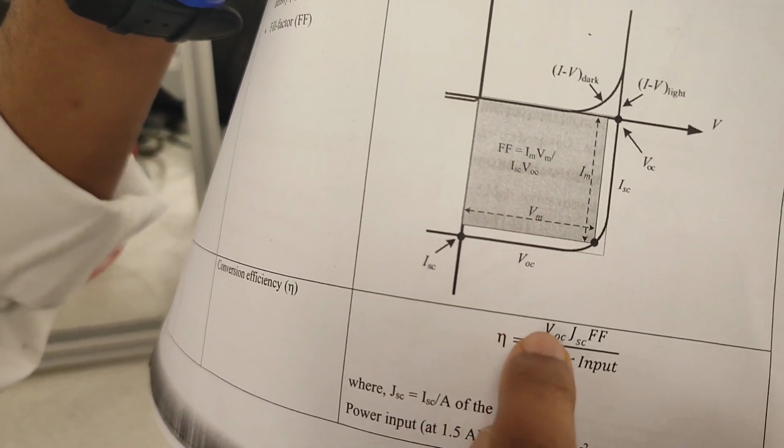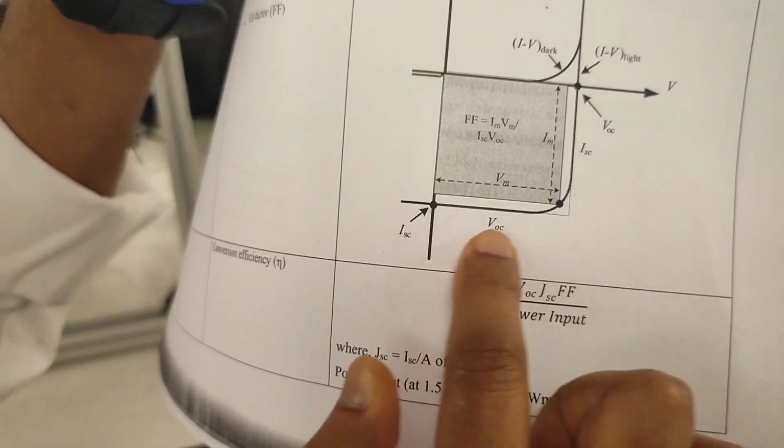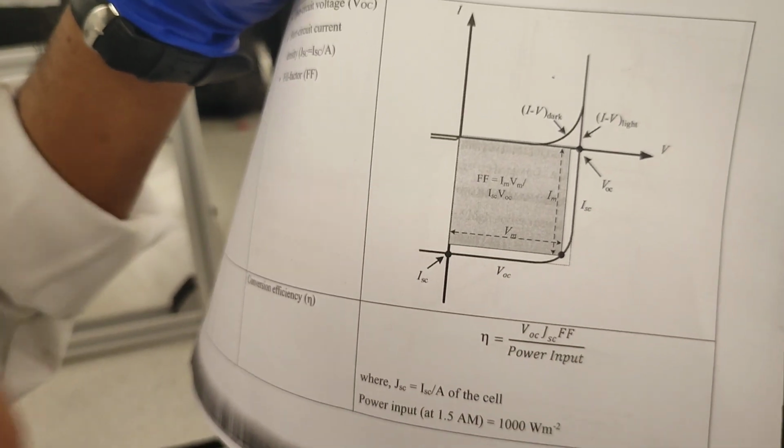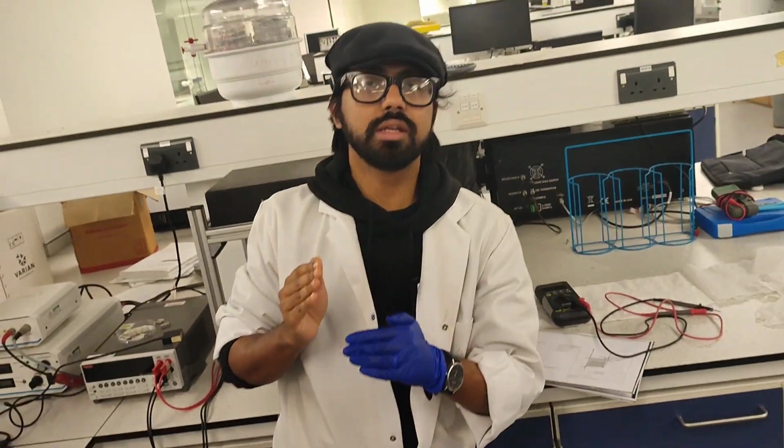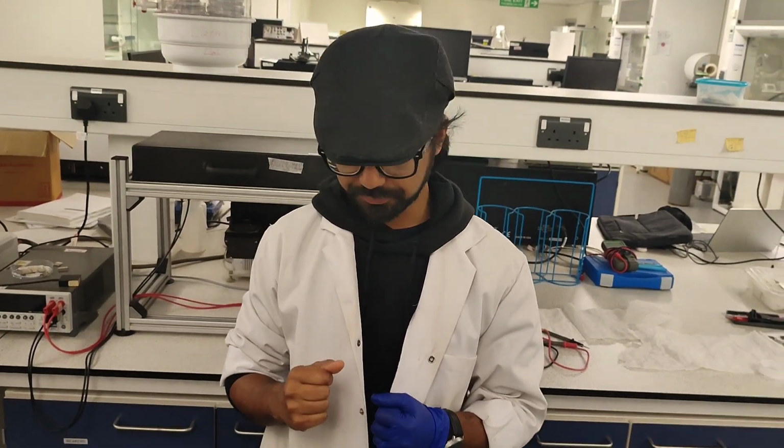These are the three parameters we find out from the illuminated IV measurement, and they give us the value of the output power that we get after the input power is given to the solar cell.